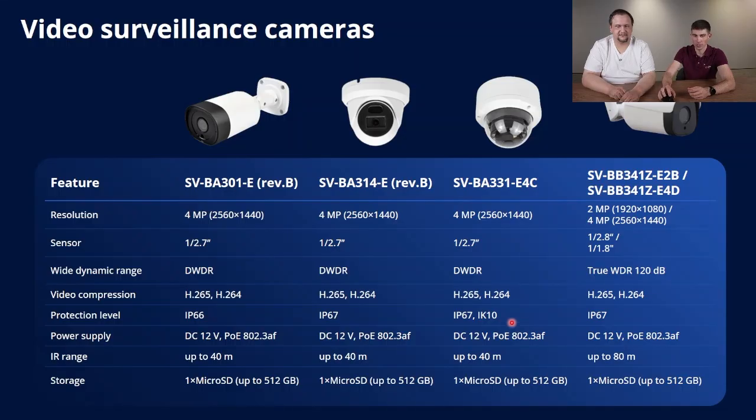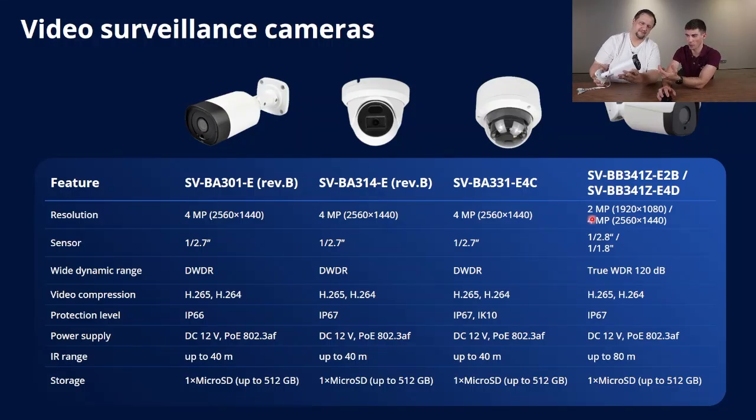And last but not least, our fresh edition. It will be available for order in a few weeks' time, but you can see it is a significantly larger camera due to the fact that it's varifocal. Varifocal means that the camera has a lens with variable focal distance.